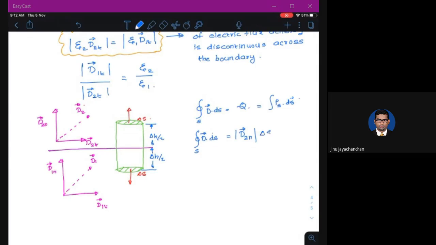If you consider the next surface, the surface is in the opposite direction, and the parallel component is D1N. Both are in opposite directions. So I can write this as minus D1N into delta S.